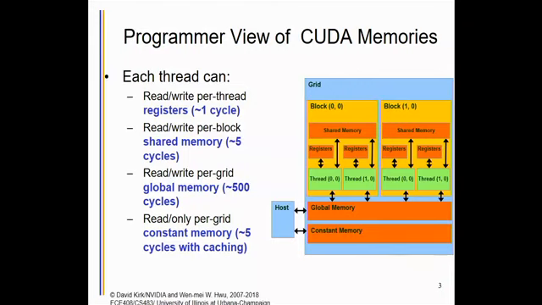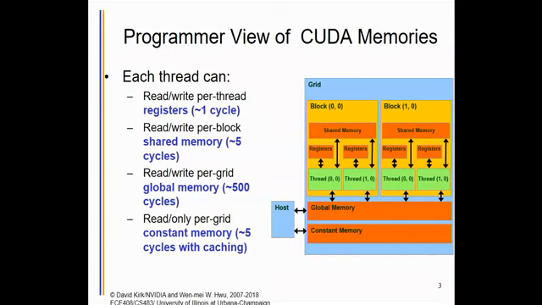But once you allocate these registers to a thread, they're only going to be read and written by that thread for the duration of executing this grid. The data in the registers can be accessed in the order of 1 cycle, extremely fast.